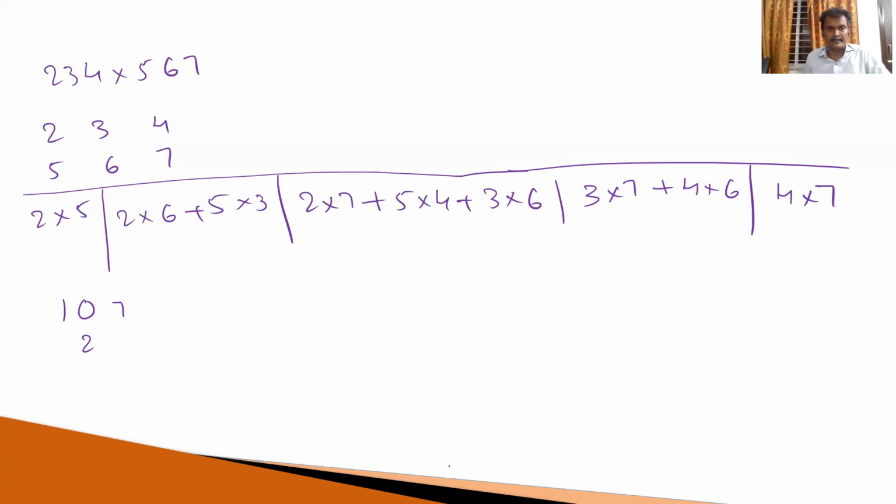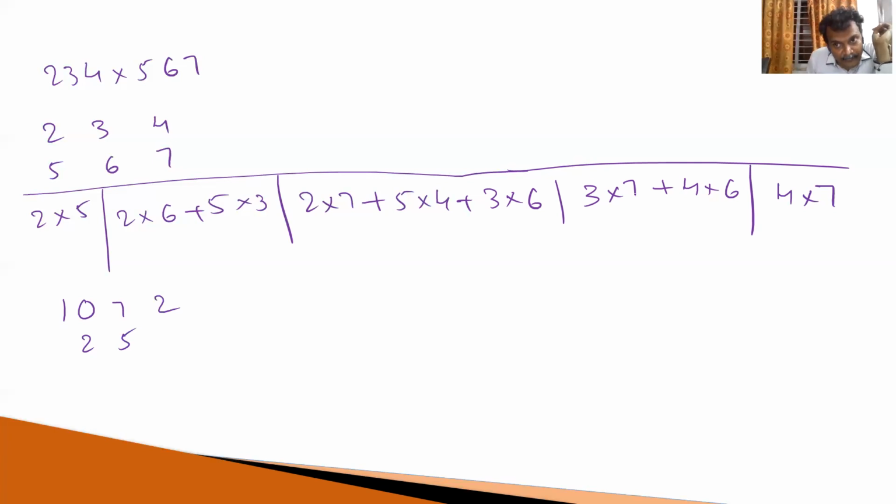Next, 2 into 7, 14, plus 5 into 4, 20. 14 plus 20, 34 plus 18, 34 plus 10, 44. 44 plus 8, that gives 52. 5 is here and 2 is here.